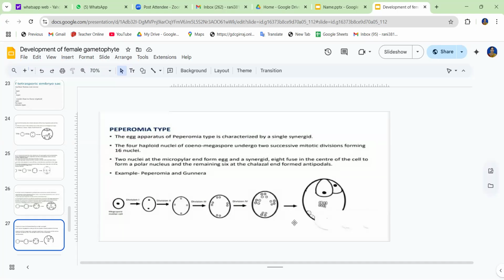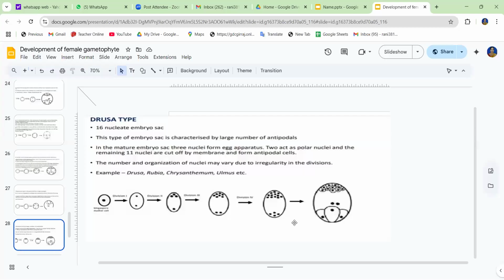This is the Peperomia type, and the next one is the Drusa type. In this type, a 16 nucleate embryo sac was recorded in Drusa appositifolia. The family is Umbelliferae. Here, when the meiotic divisions are over, 3 of the megaspore nuclei pass down to the basal end of the embryo sac, and only 1 remains at the micropylar end.